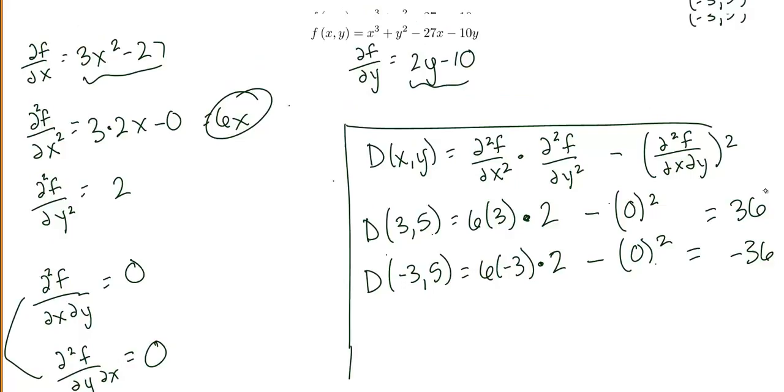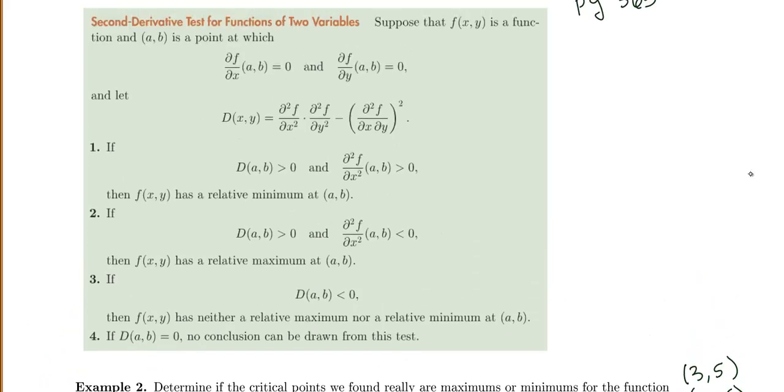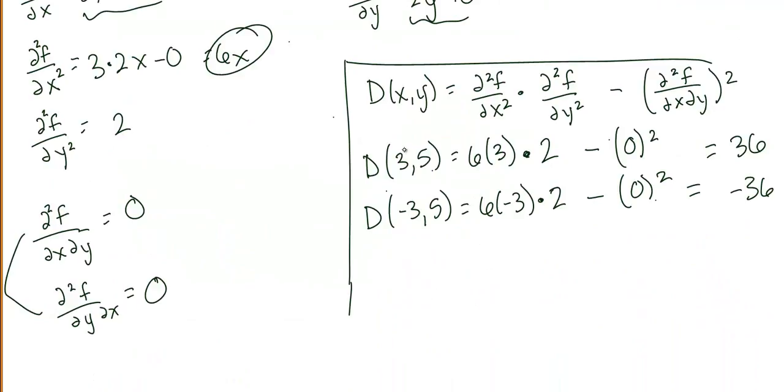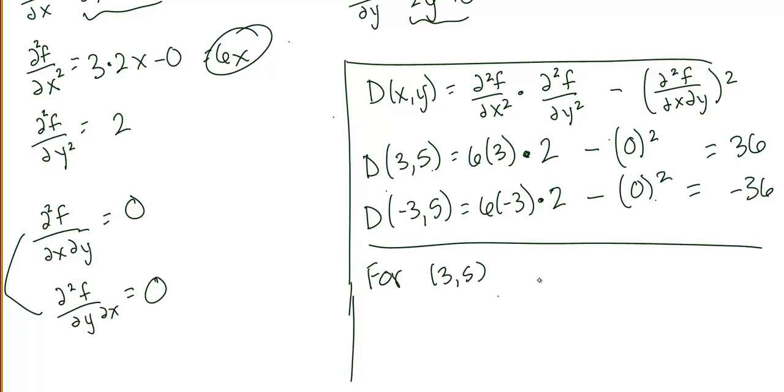So we found D. Now you have to go up to this table. This is probably a table you'll want in your notes because you probably don't want to memorize it. Okay. So we have 4 different conditions. We have conditions for if D is greater than 0, D less than 0, and D equals 0. So let's do our point (3, 5) first. So for (3, 5), D is 36.